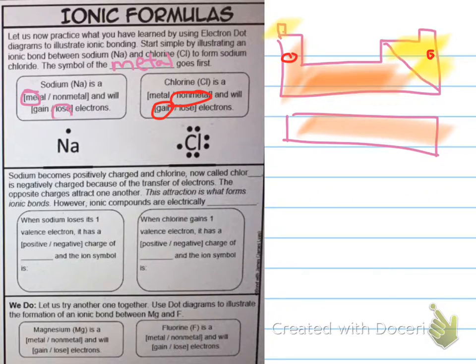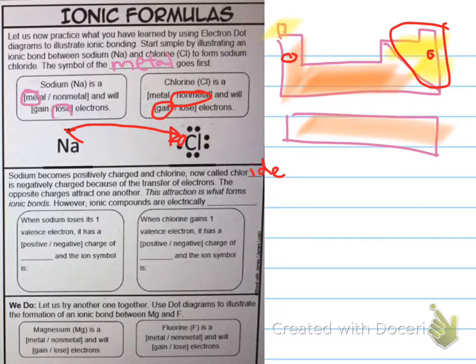So sodium becomes positively charged, and chlorine, now called chloride, is negatively charged because of the transfer of electrons. Whenever a nonmetal becomes an ion, you add IDE to the end of it. So what happens is sodium gives its electron to chlorine. Now chlorine has 8 valence electrons, and sodium has lost its valence electron.